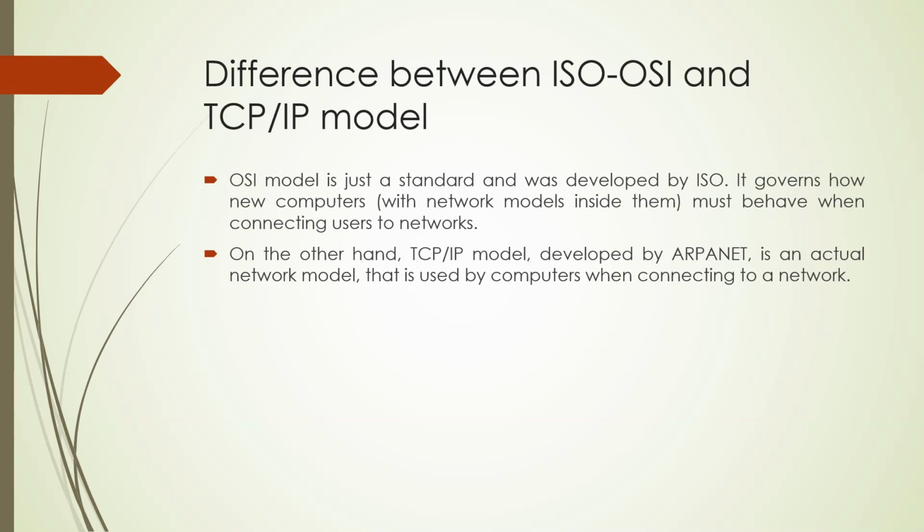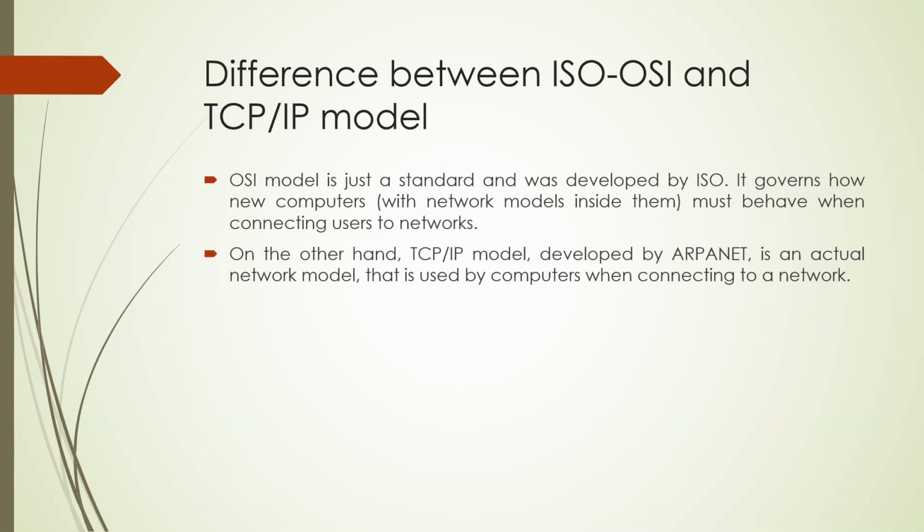But in the case of the TCP/IP model, TCP/IP is the actual model that we use in our day-to-day lives in our computers. If you go to your network settings and want to change your IP address, you will always see TCP/IP v4 or TCP/IP v6. So this is the actual model that we use.